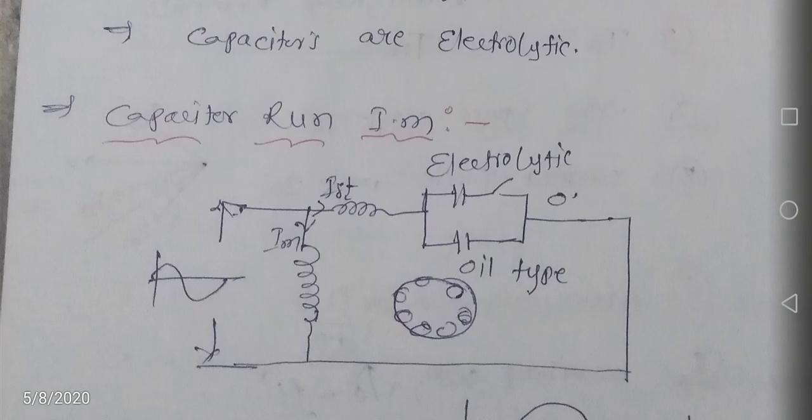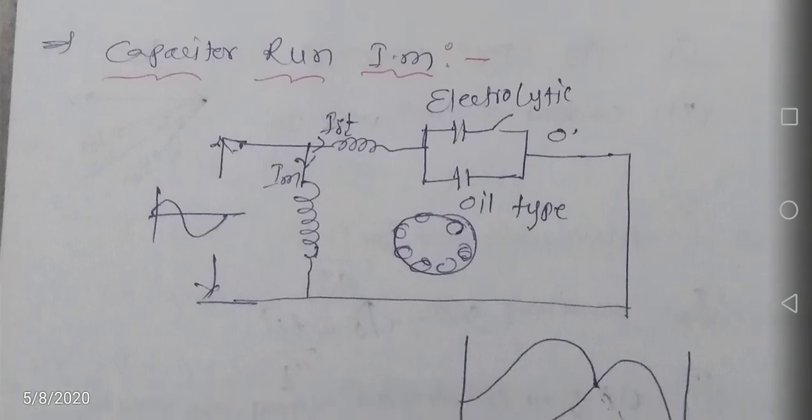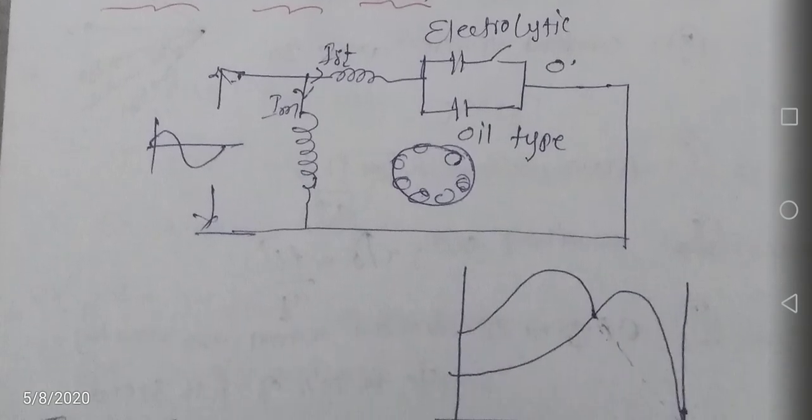The oil type capacitor remains in the circuit, because oil type capacitors have a self cooling property. So even if the machine reaches higher speed, the oil type capacitor stays connected in the circuit. These two capacitors, electrolytic and oil type, are connected in parallel.